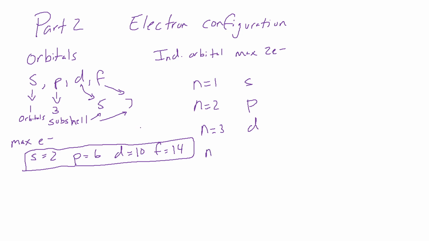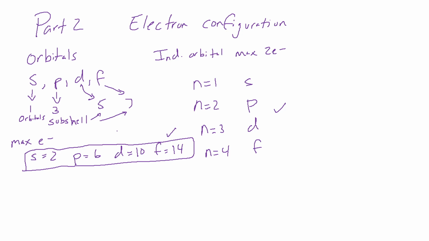Not till the 4th energy level do you see the f orbitals start to appear. So why is that important? Well, if you know this and you know this, you can then put together the correct order at which electrons go into the atom, and you can write any electron configuration you want.